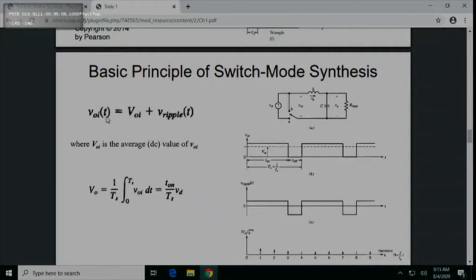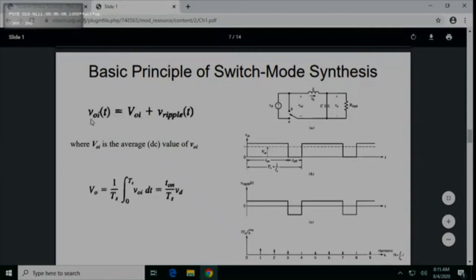Say for example t equals 100 seconds. What is happening to the voltage? That is what instantaneous voltage actually means. So instantaneous VO is equal to VO plus V ripple instantaneous, according to that time. You will have your VO(t), where VO is the average DC value of VO.